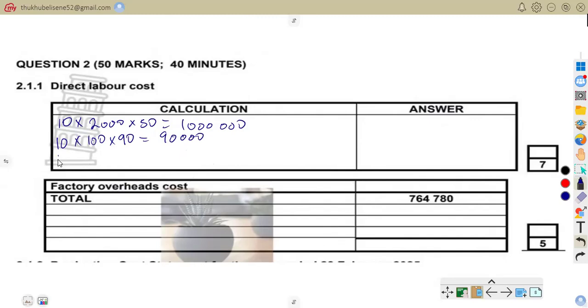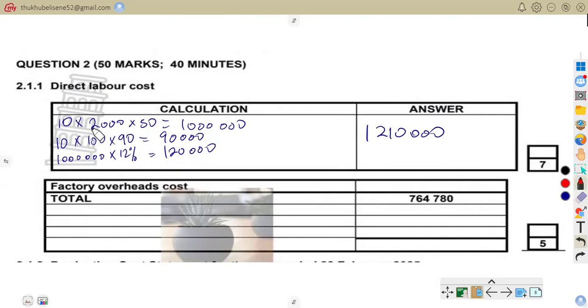Our normal wage is 1 million multiplied by 12%, and it gave us 120,000. When we add this together, we get 1,210,000. That is that for direct labor cost.